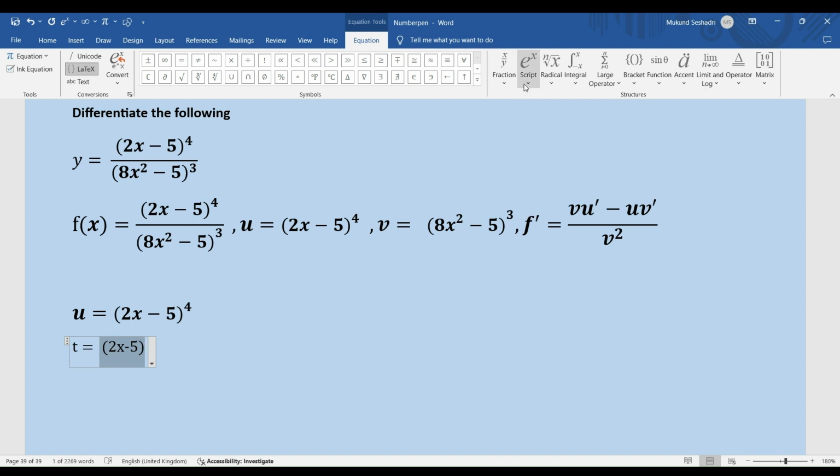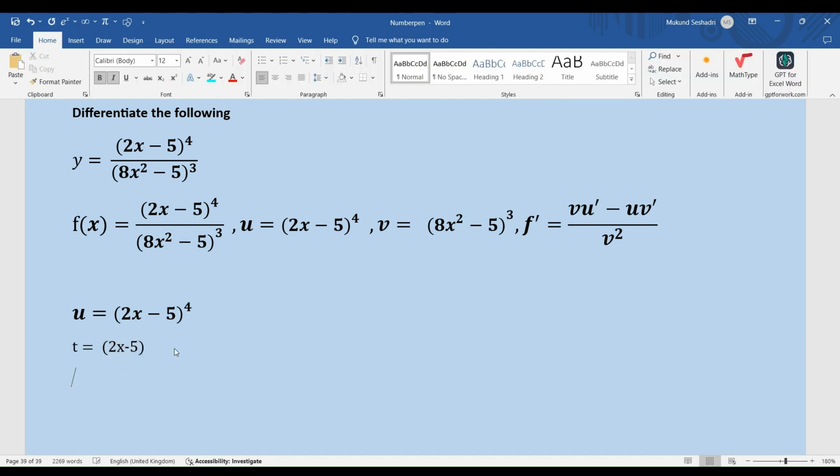And why is that? Because when I make the substitution t equals 2x minus 5, my u can be expressed in terms of t. It is nothing but u equals t to the power 4, whose derivative we are quite familiar with from first principles.